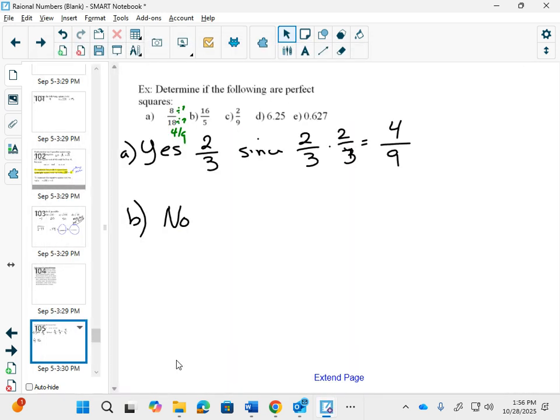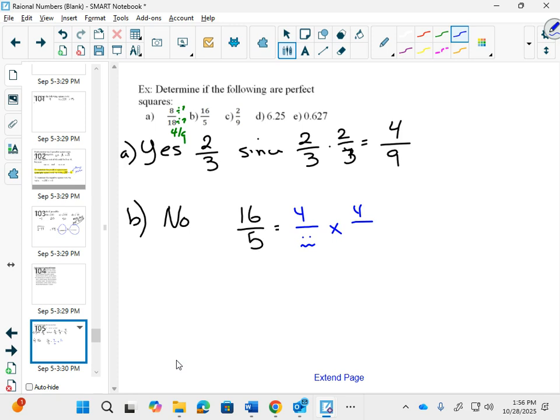For 16 over 5, it looks like it's really close to being nice. Can you see the tops of my fractions? Could be 4 times 4. That makes 16. But 5 doesn't work out nicely, because 2 times 2 is 4, and 3 times 3 is 9. 5 doesn't work out nice.